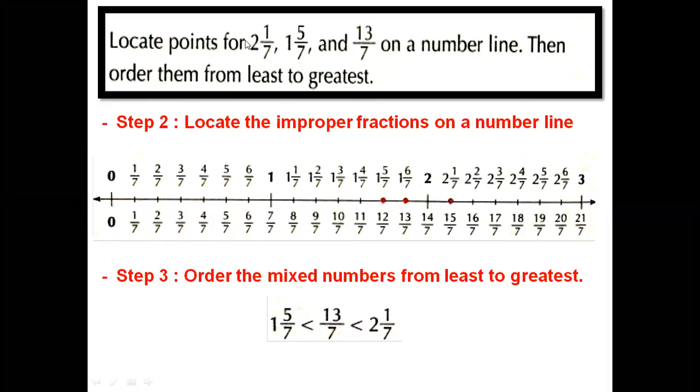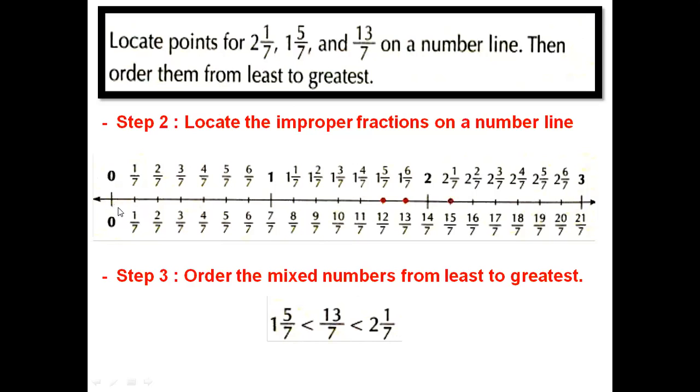Now, the first one, 2 and 1 over 7. That means this is 2, and we need 1 part out of 7 after it. Then 13 over 7, when you have it as an improper fraction, you can count.